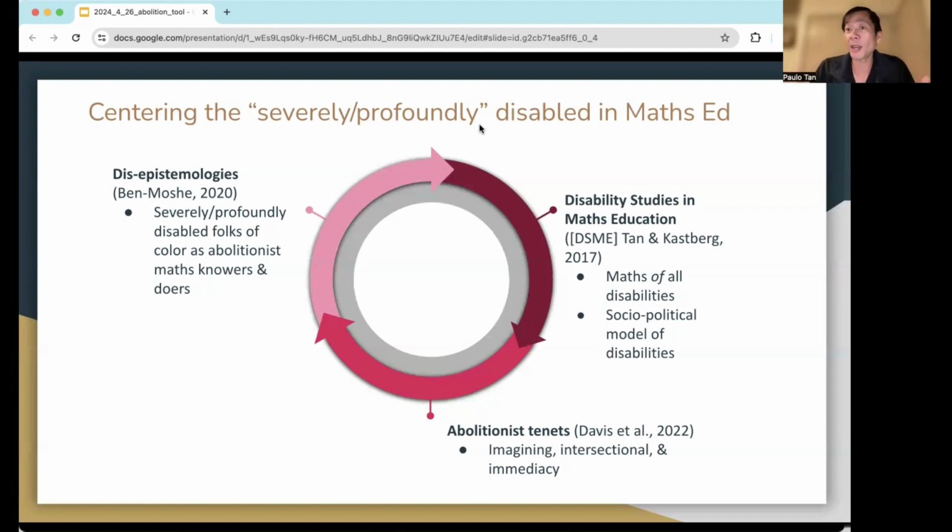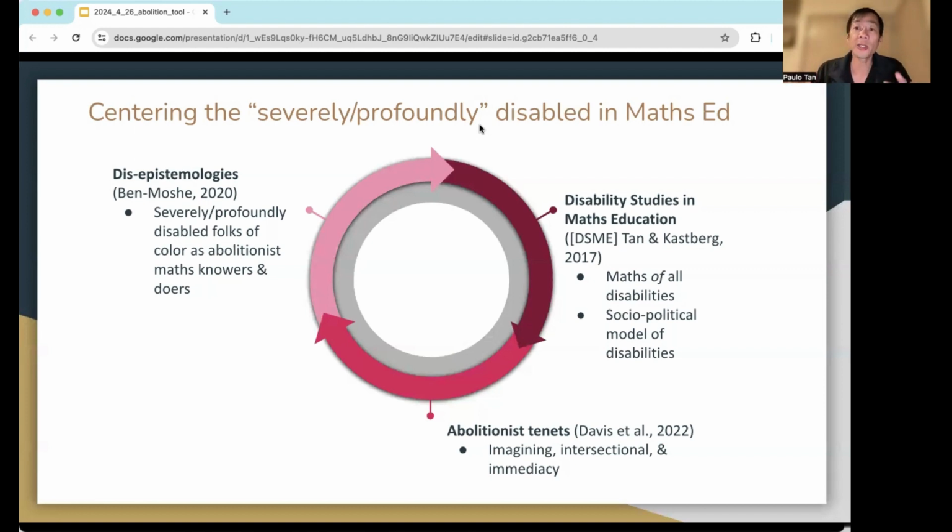And so the mathematics of all is an important aspect of this abolitionist work to counter that only certain kinds of math count, that only certain kinds of math are valuable, that only certain ways of knowing and doing math are important. And so that's the disability studies in math education perspective, which counters this deficit view of disabilities.